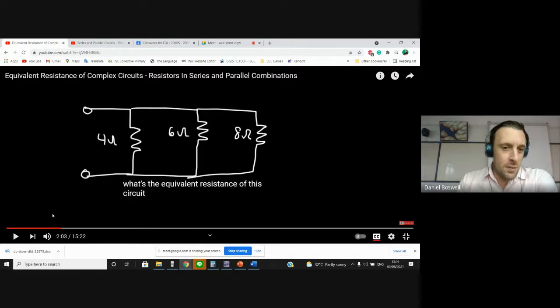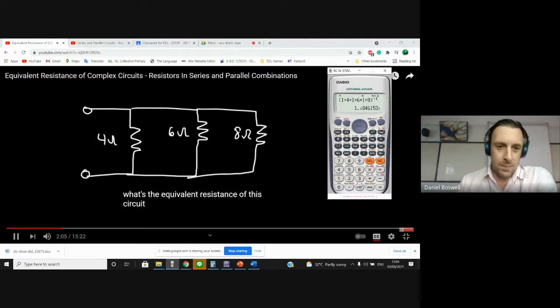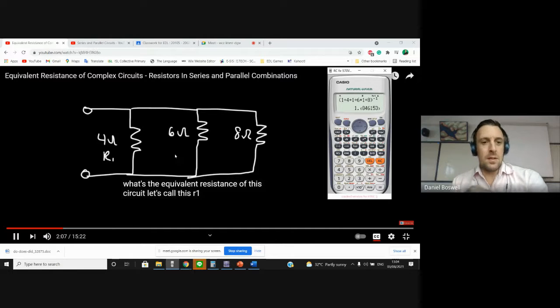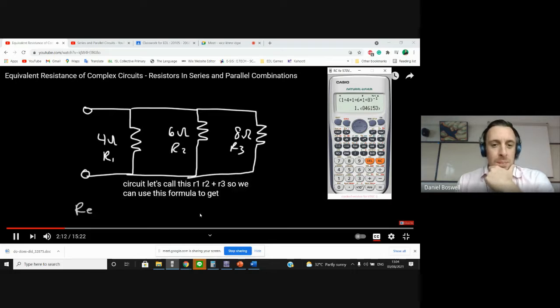So what's the equivalent resistance of this circuit? We have just done this. So R1, R2, R3. Here's our formula.